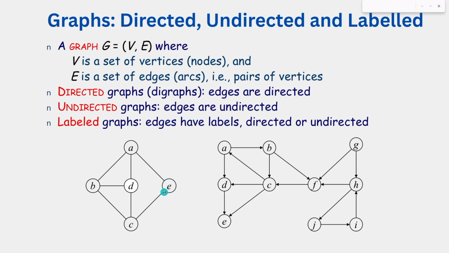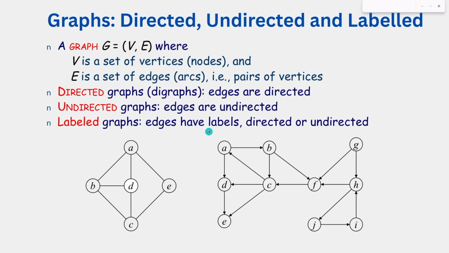So, when we say the flow of information between a pair of vertices, in an undirected graph we always say that there is flow from A to E and also flow from E to A. And in some graphs, the edges will have some labels, and the labels may be just labels, or in some other cases may denote the cost or the weight associated with an edge.